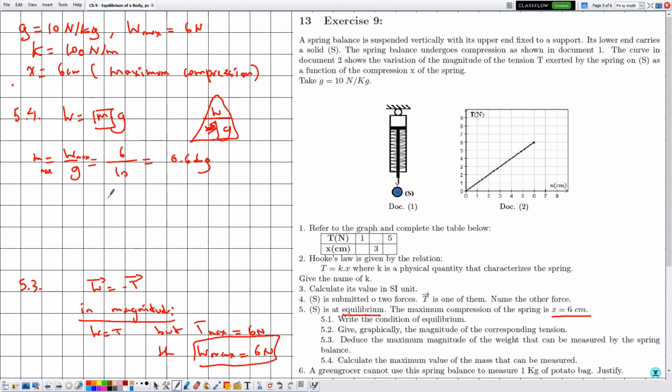Then the maximum mass is equal to 0.6 kilograms.